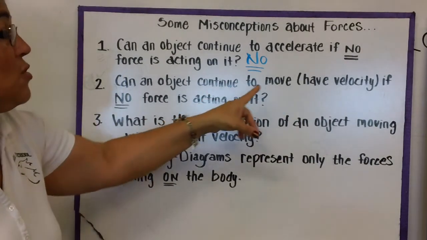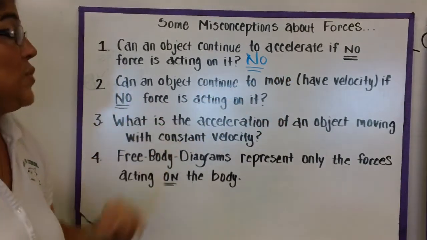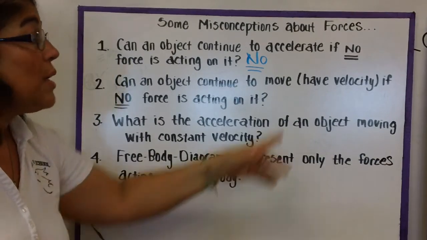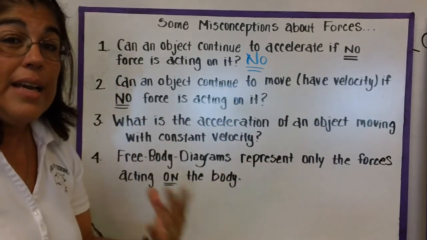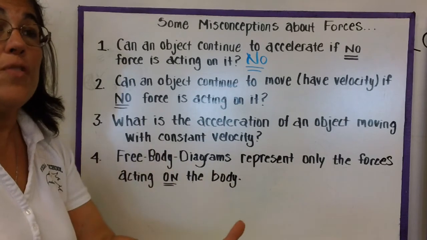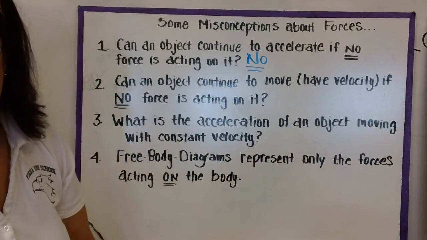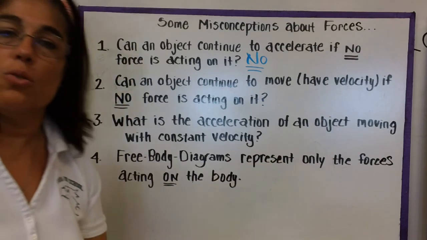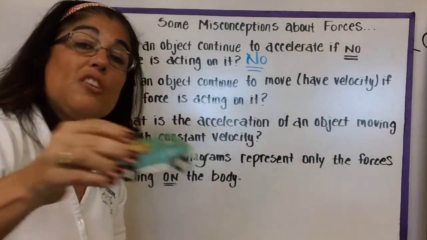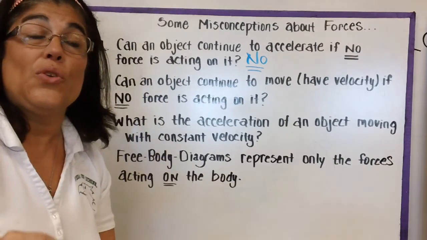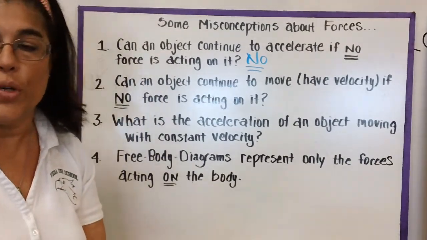Can an object continue to move if no force is acting on it? Well, now, can it have velocity? It can have velocity and be moving and not have a force acting on it. So this would be an instance of a car set in motion on speed control. It's moving, but it's not changing its velocity, therefore there's no acceleration, therefore there's no force.